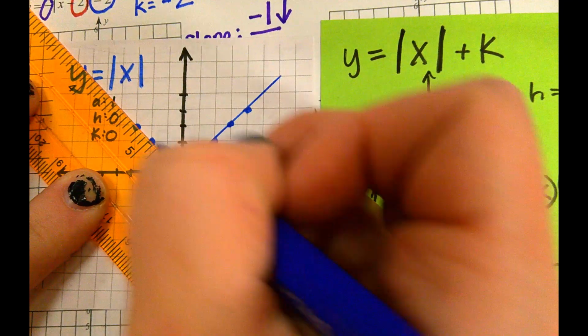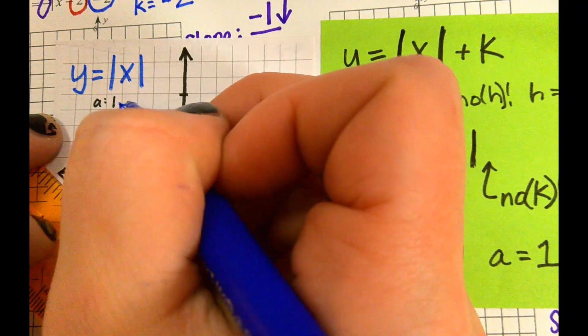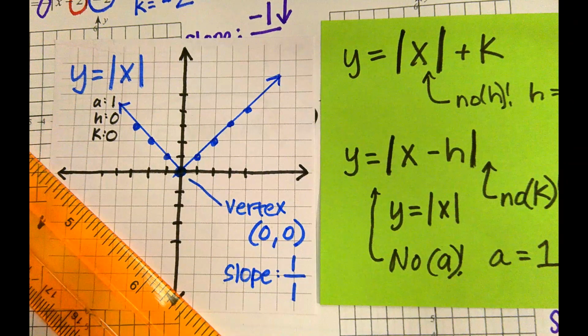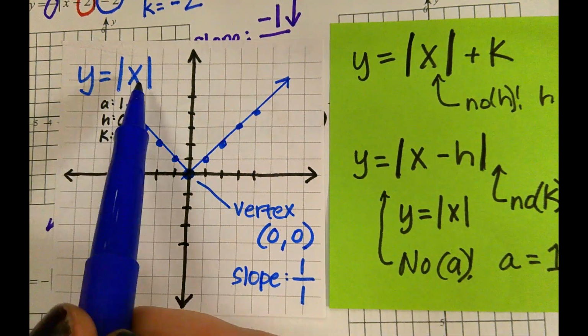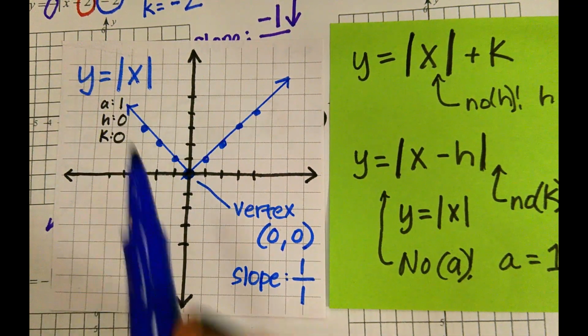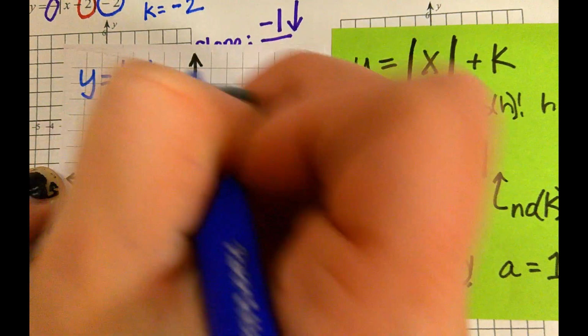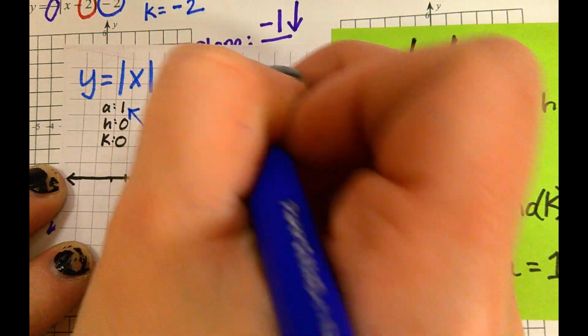And if you remember way back to the very beginning, the first day we learned about graphing, we called this y equals the absolute value. We called this the parent function, if you remember that.